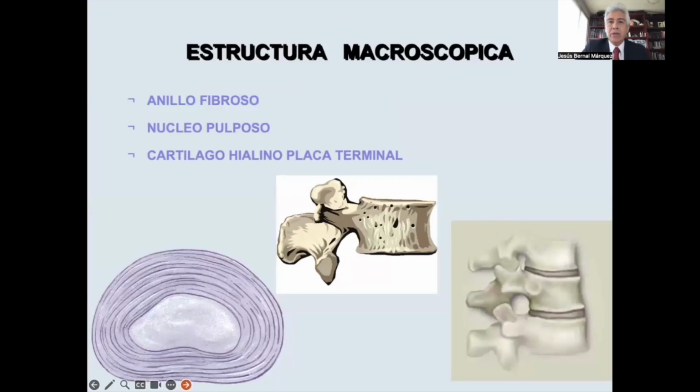At first glance, we can see that the macroscopic structure consists of practically 3 parts. 1, the annulus fibrosus. 2, the nucleus pulposus. 3, hyaline cartilage, also called the end plate. All this is related to the intervertebral disc, but also do not forget that we have a vertebral body that is everything.